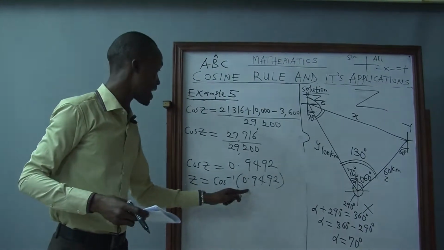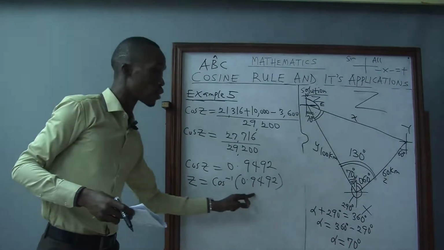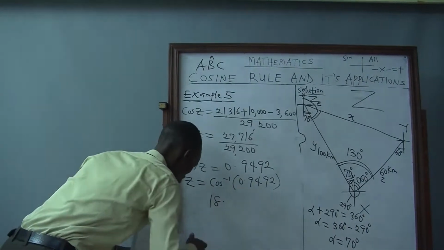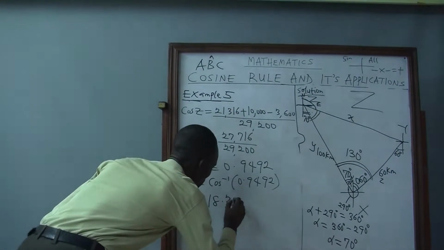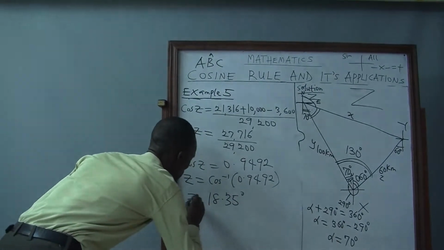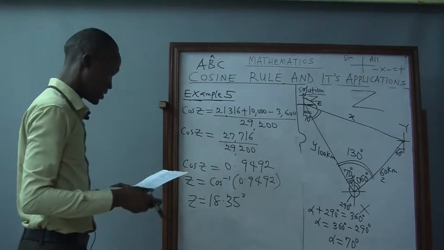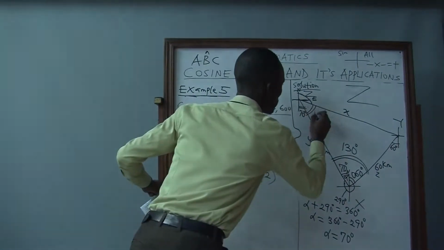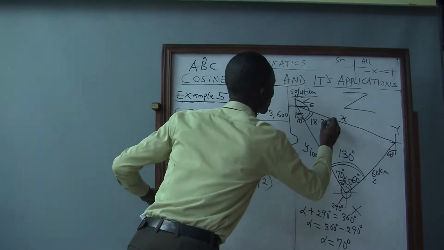I will check for the nearest value that will produce this, and that is 18 under 3 difference 5. That is what z is. z is 18.35 degrees. That is just the value of this angle here.